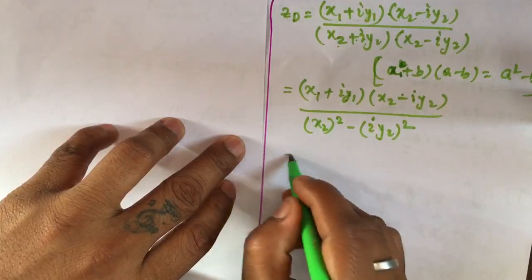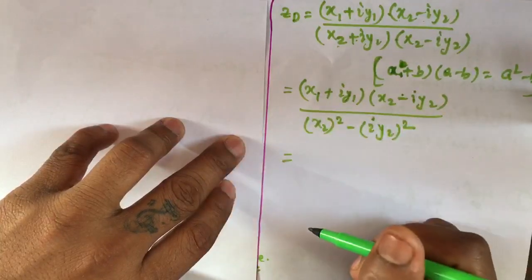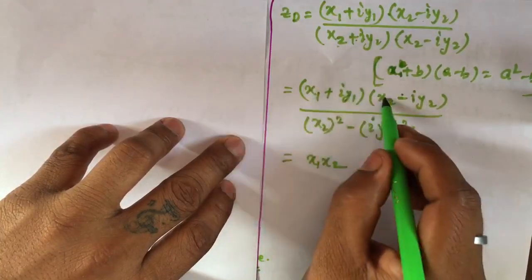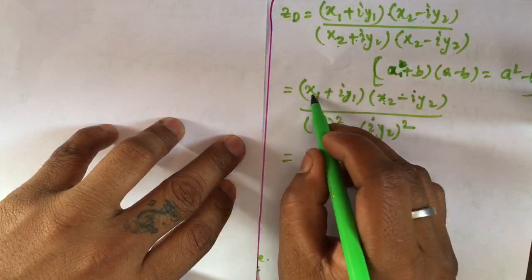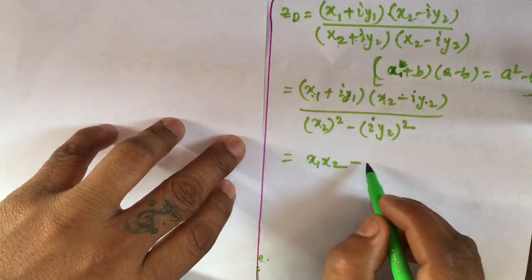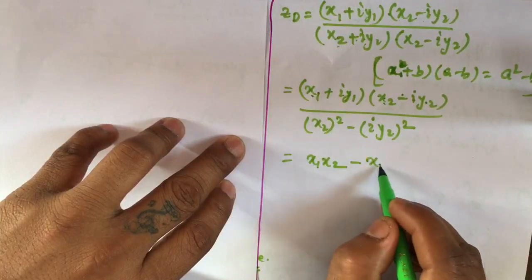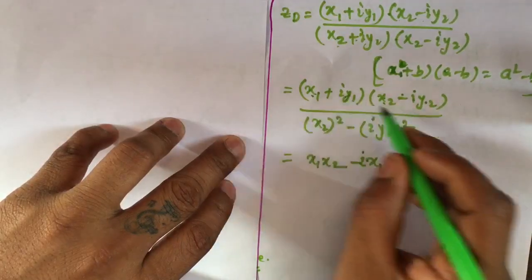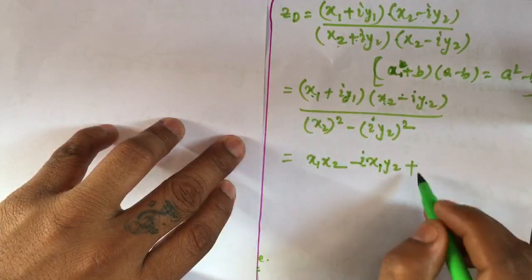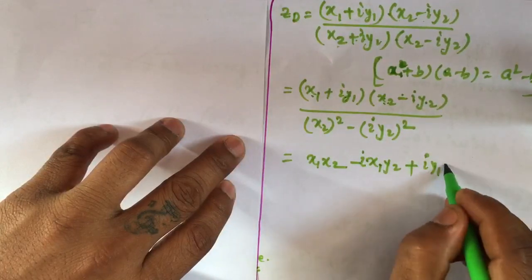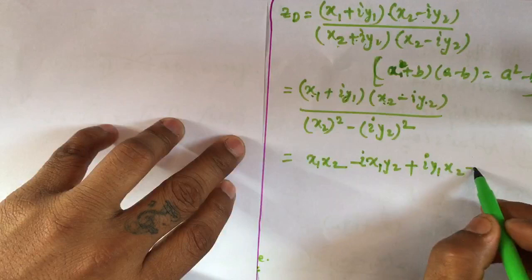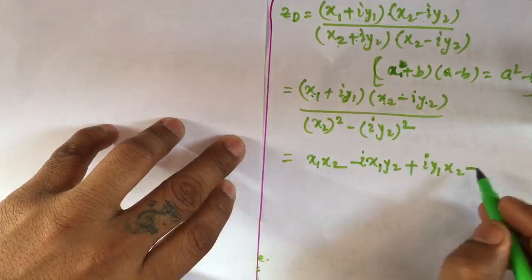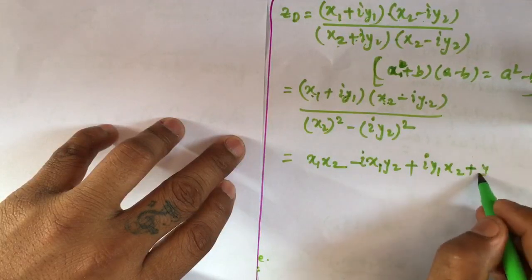So when we multiply the numerator, x1 x2 multiplies first by this and again by this, so minus of x1 y2 times i, and again i y1 into x2, so i y1 x2. And i y1 multiplied by minus i y2: i square gives minus 1, so with the minus it will be plus y1 y2.